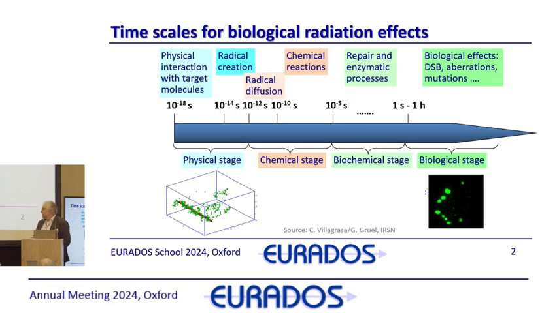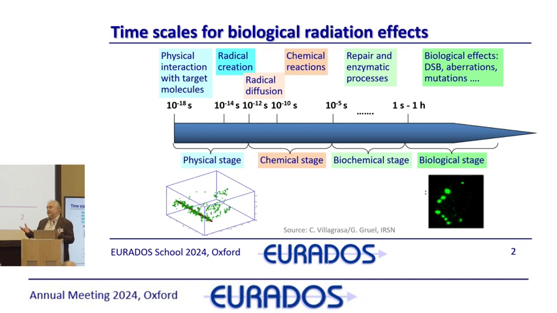When we talk about biological radiation effects, they actually span several orders of magnitude of time, starting from the early physical effects, which take place on the order of attoseconds, and then within about femtoseconds you are producing radicals.